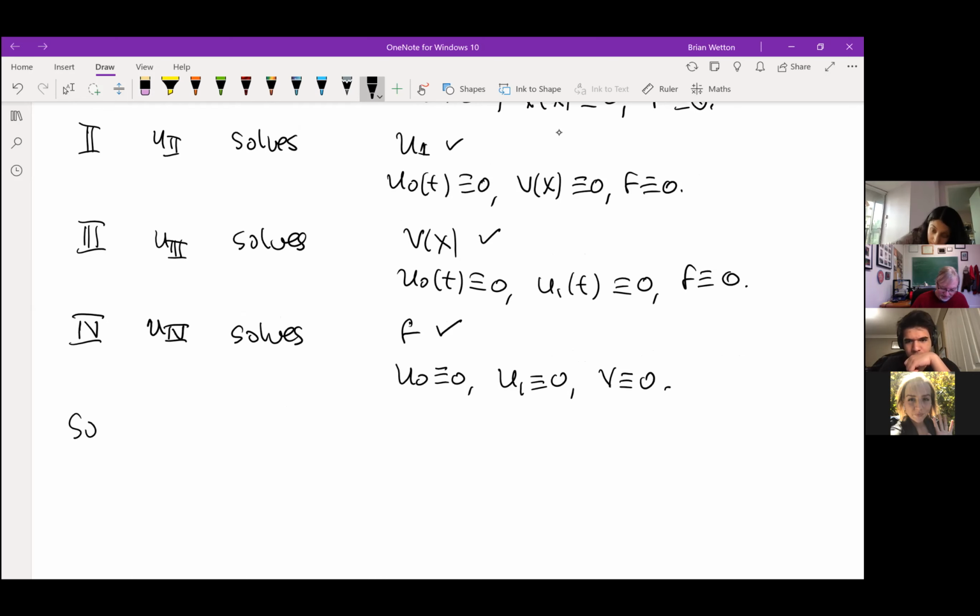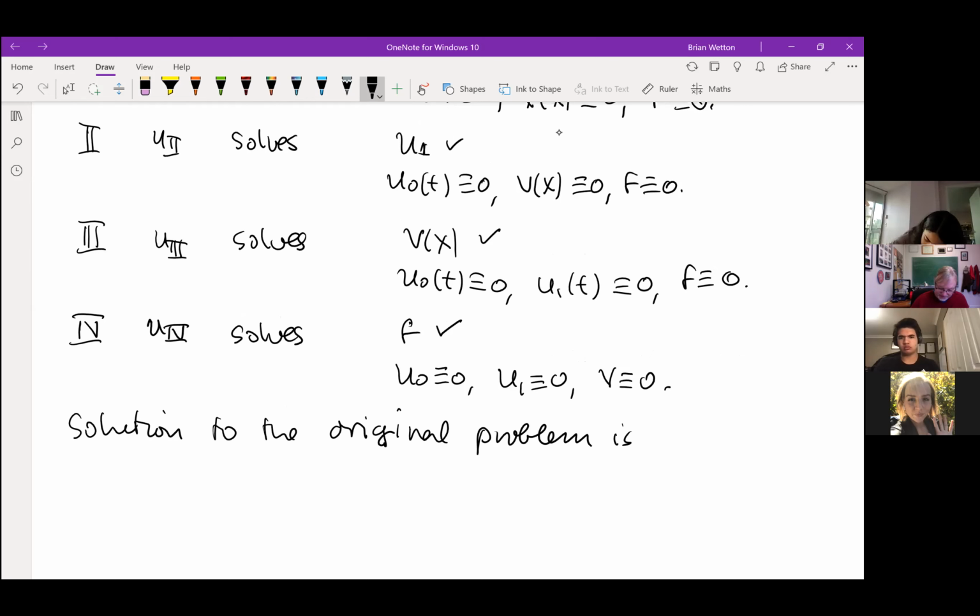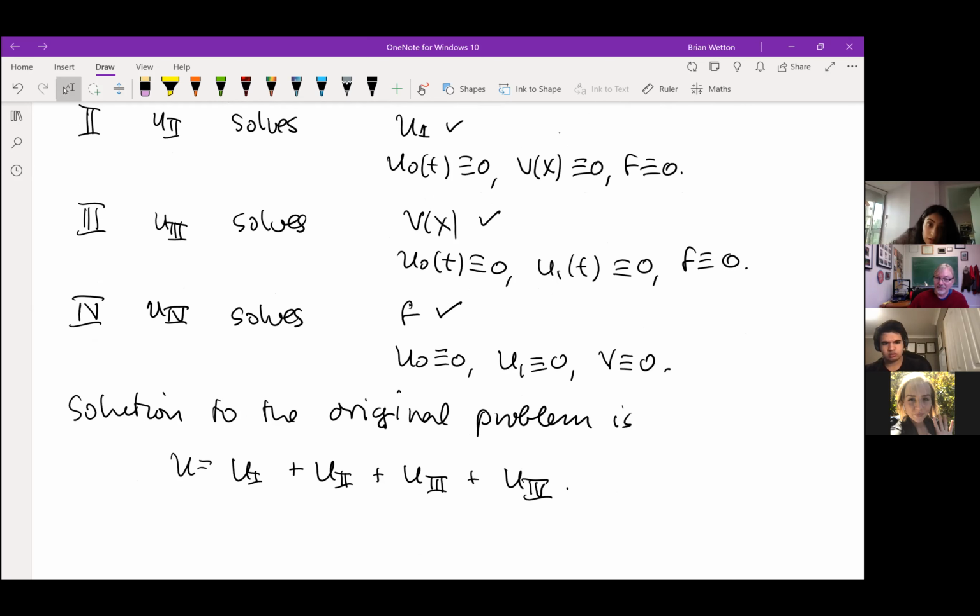And then the solution to the original problem is just the sum of all of those guys. Okay, and this is what we're going to look at in the coming weeks, and there'll be different terms, different techniques to apply to different things.